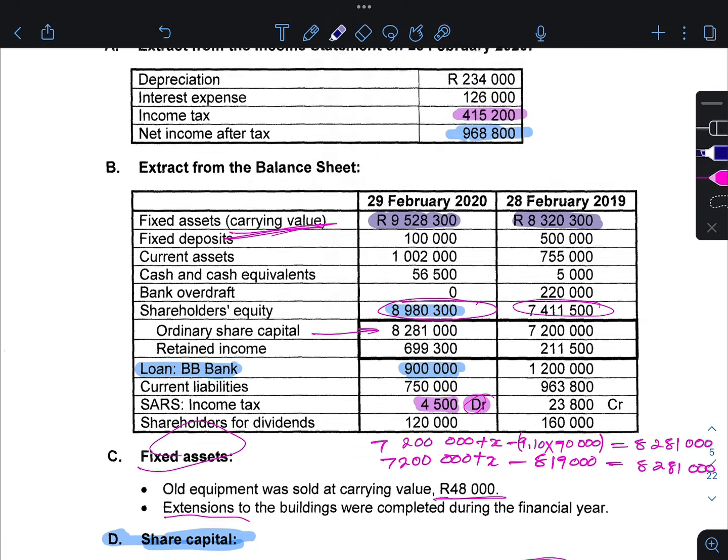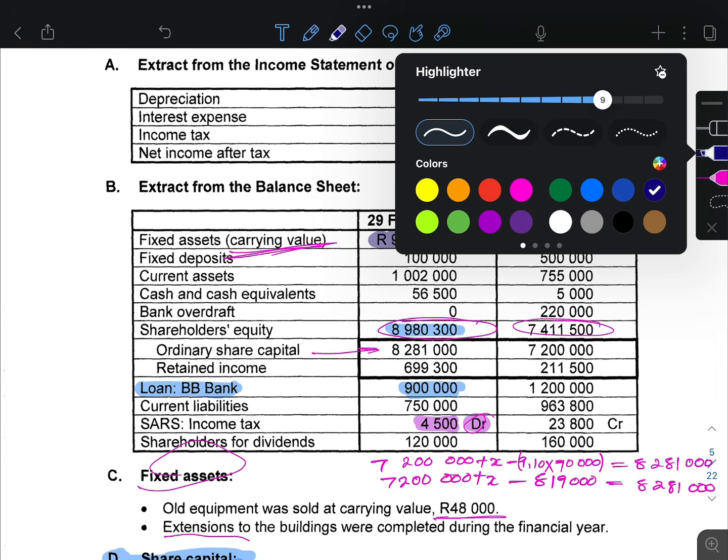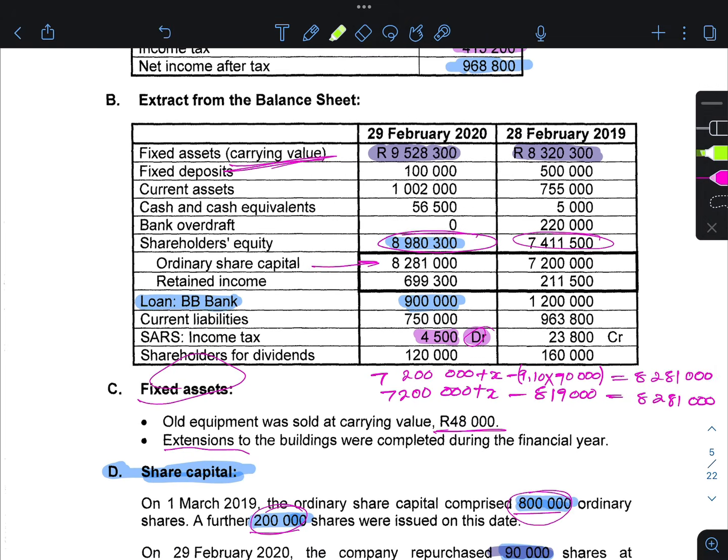Now, when you look at your loans, let's use this one. Your loan was 1,200,000, and now it is seated at 900,000. So it looks like our loan decreased from this amount to that.